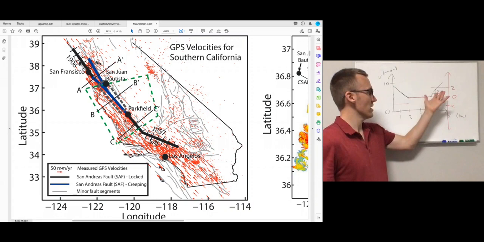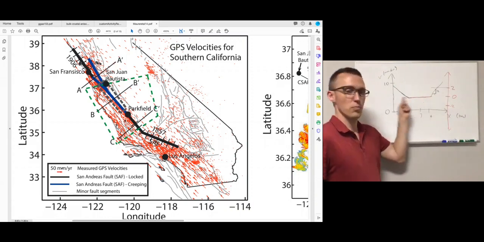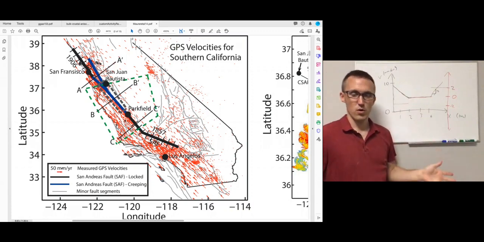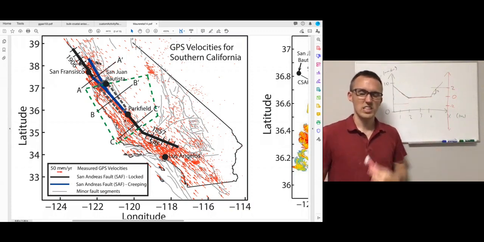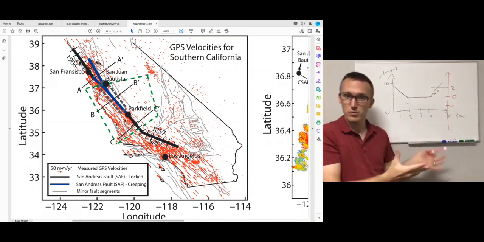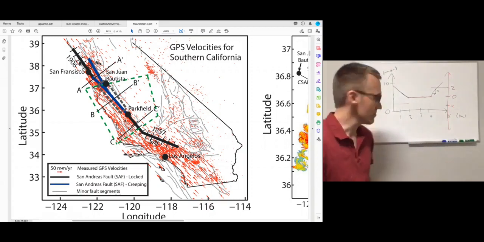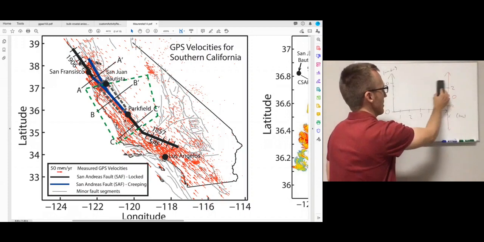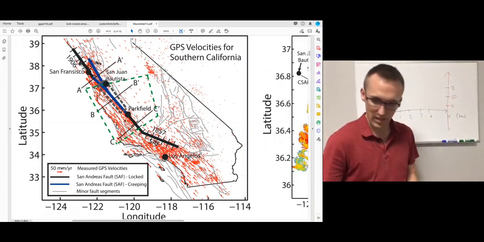So the slope of the line here is +2, the slope of the line here is 0, and the slope of the line here is -2. Hopefully that makes sense. So we take the derivative, that's just the slope of the line at every point. Now if this black line were curved a whole bunch, then the derivative line would also be curved. And that's where strain and GPS kind of connect.